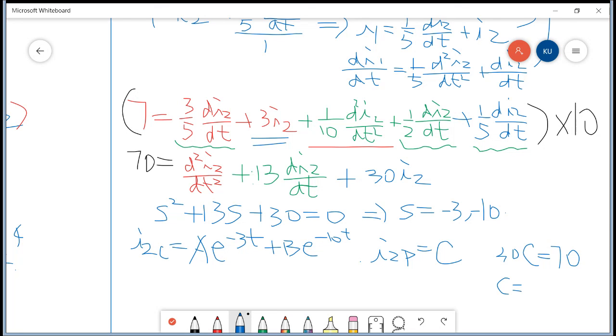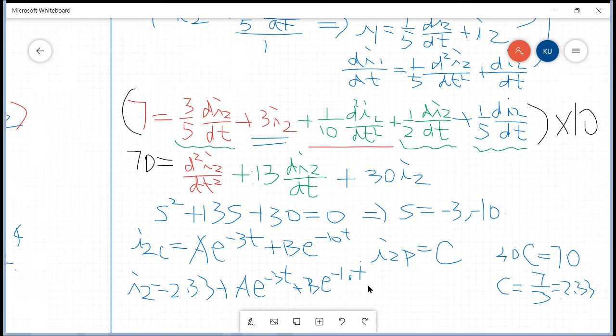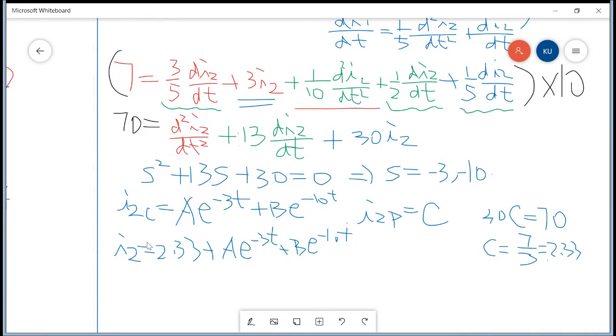So c will be 7 over 3, which is 2.333. So in this case, I2 will be 2.33 plus A exponential to minus 3t plus B exponential to minus 10t. Something like this.